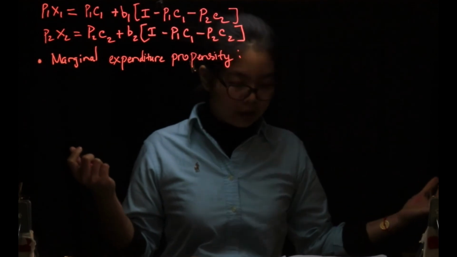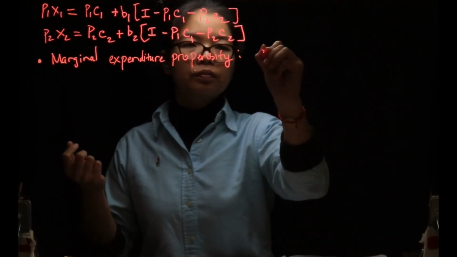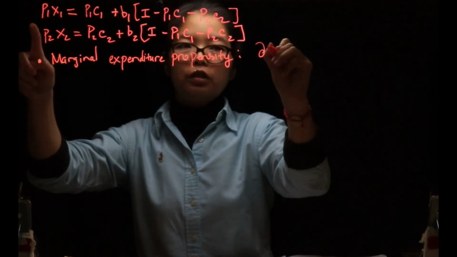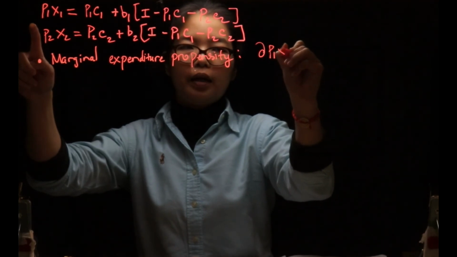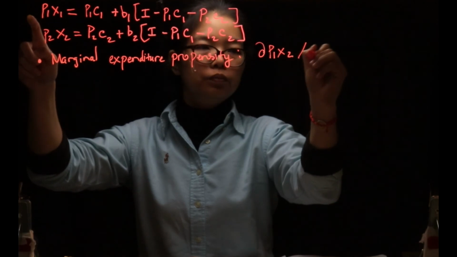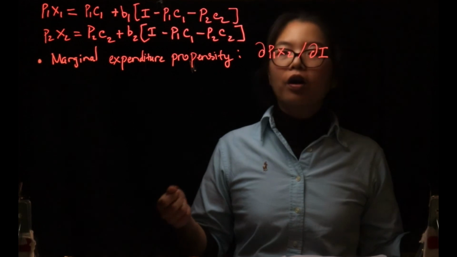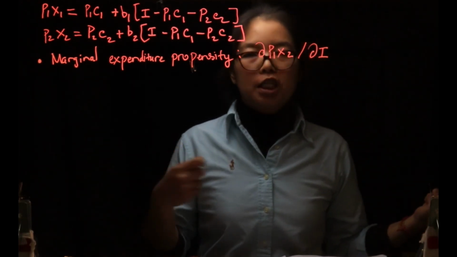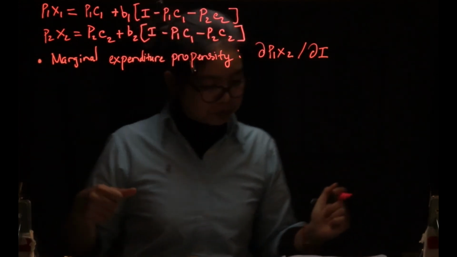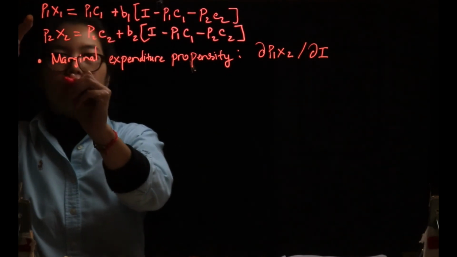What is that? It's just simply the derivative of this expenditure, for example, P1 X1, the whole expenditure, with respect to income. So how your expenditure on each good changes when your income changes. That's the term. So in this case, let's take P1 X1 as example.